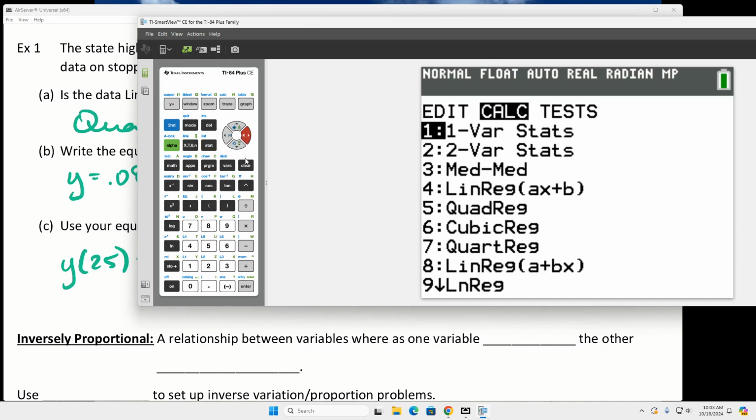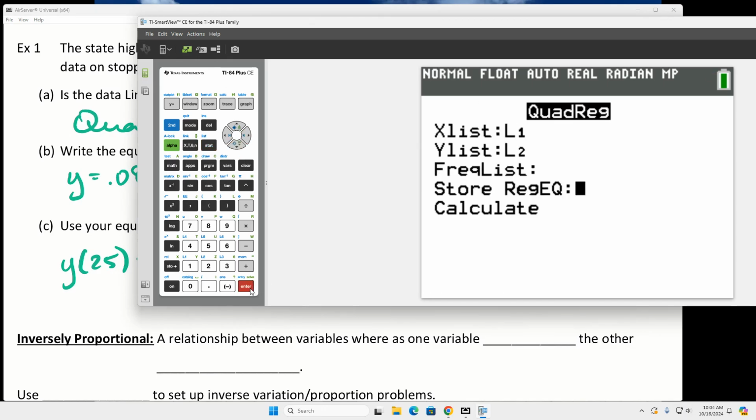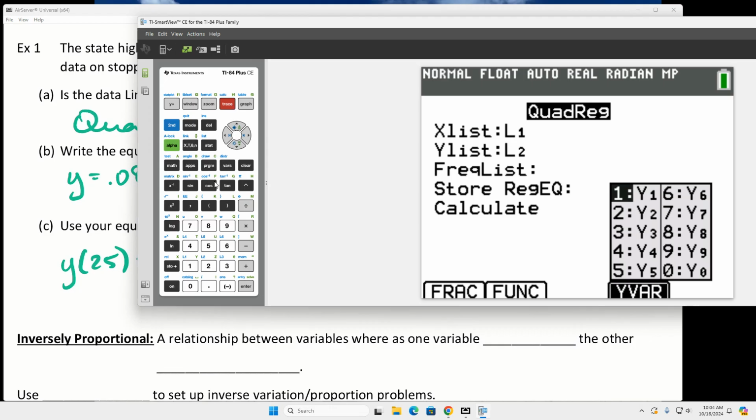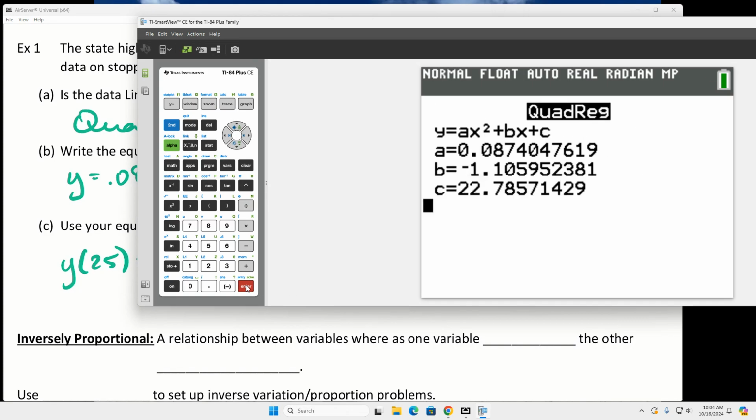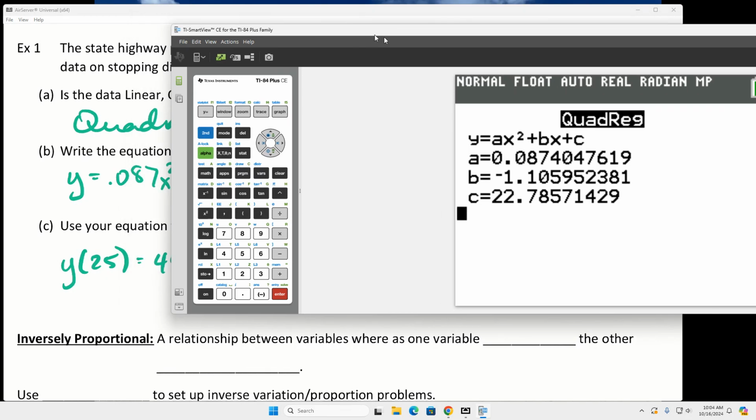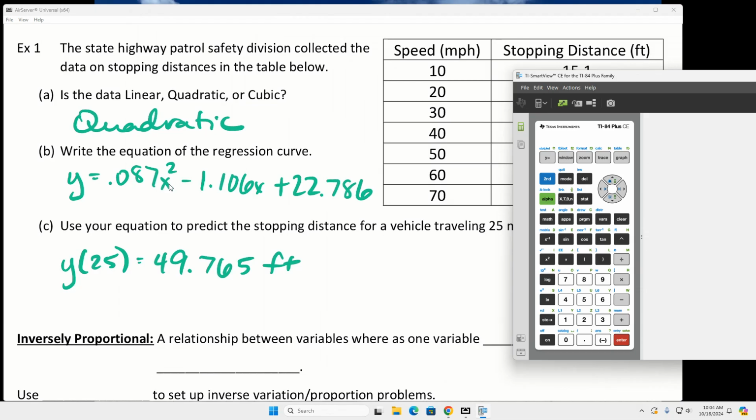Whenever you do the step where you find the quadratic regression equation, where it says store it, put Y1 there. It takes like 2 seconds, maybe less, to put Y1 there. Then it's in there, and all you have to do to use it is just pull up Y1 again. But if you don't do that step, then what you would need to do in your calculator is take 25 and put it in for all those x's.